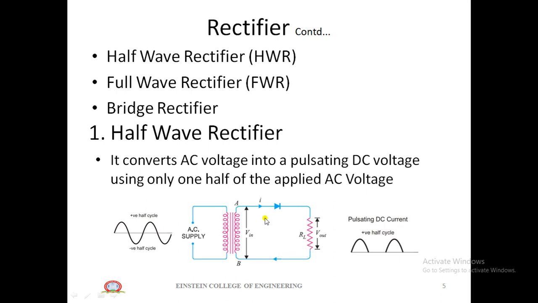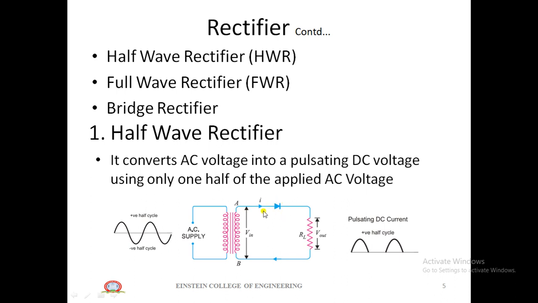And during the negative half cycle, the diode will be off. How? The point B will be more positive than A. That is, A will be more negative, and this is connected to the anode.